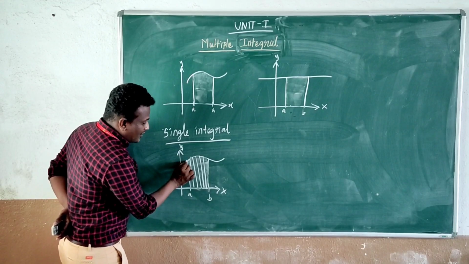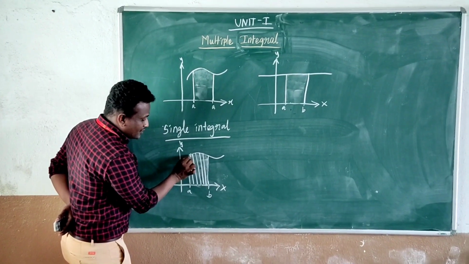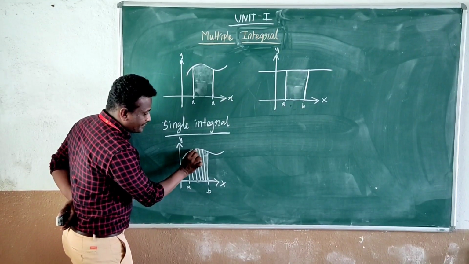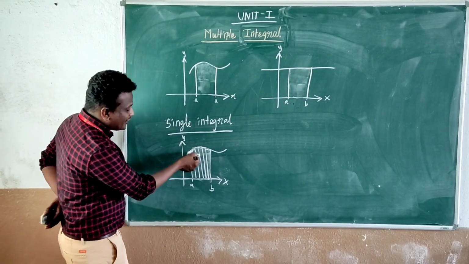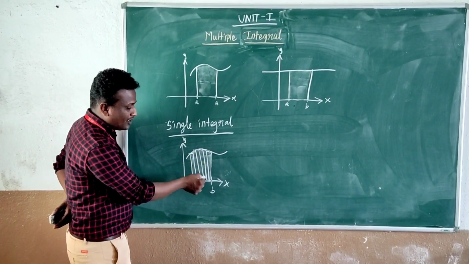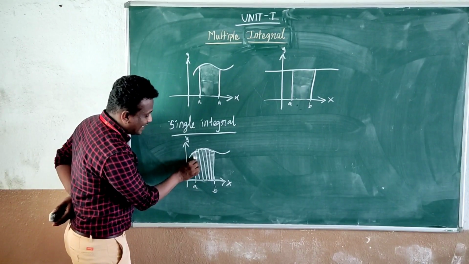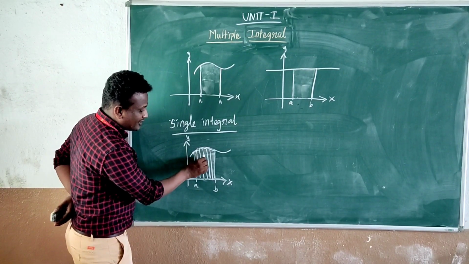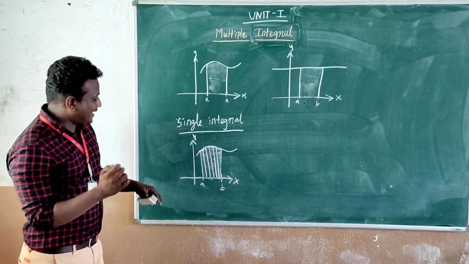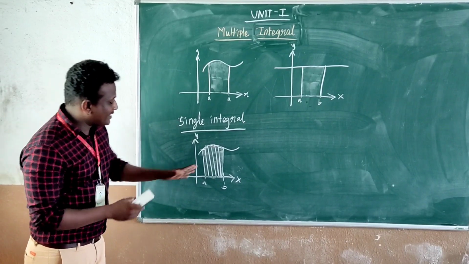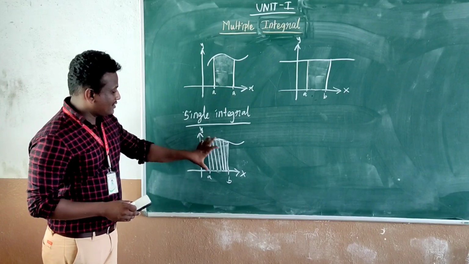Now you can draw a horizontal line towards the x-axis at the top like this, and draw all the areas. Now you can use the rectangular formula to find the area of this region, then this region, and all the other rectangular regions. At the end you have to add all the results. That is the area of this diagram.